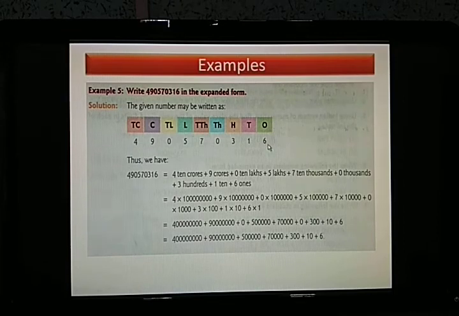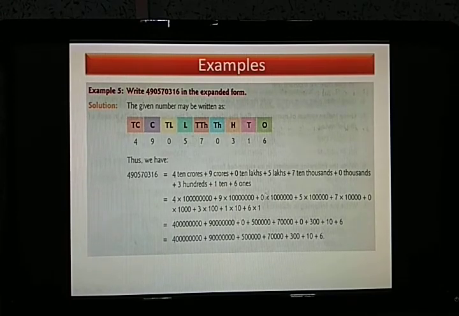We have multiplied this 6 into 1. We have multiplied this 1 into 10. This 3 into 100. Similarly, we have multiplied it, and in the earlier example we had not added it. Here we have added it. That's it. If we keep it in this way also, it is correct. And if we add all of this, we will get the same number again. So this is very simple.